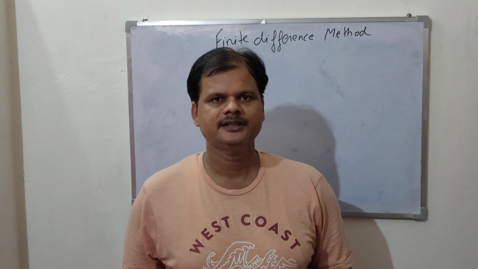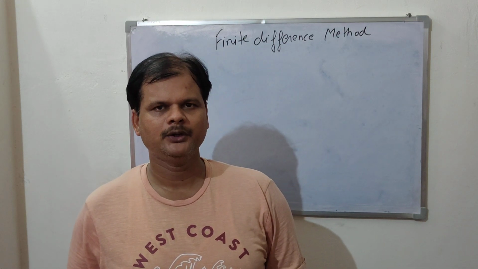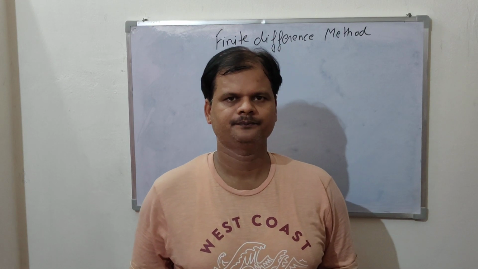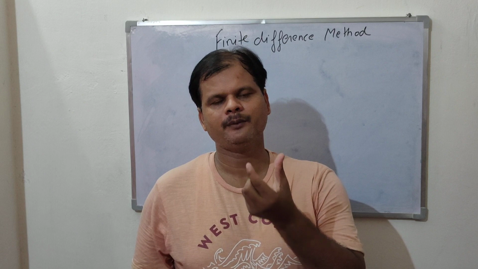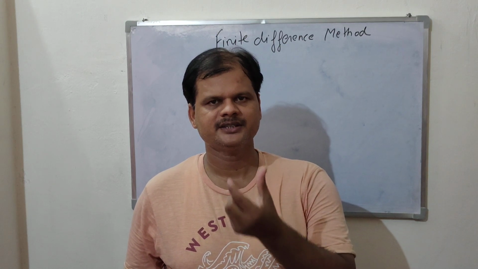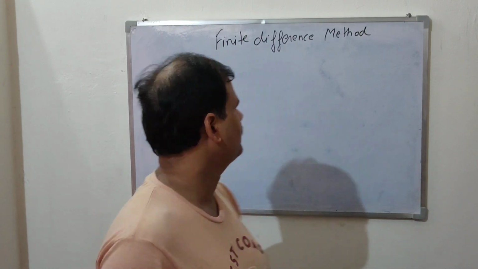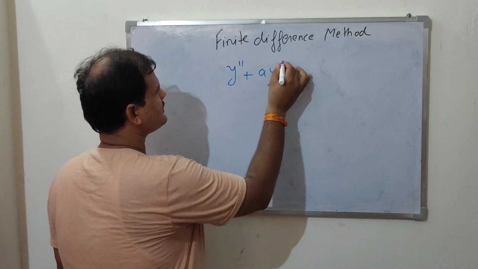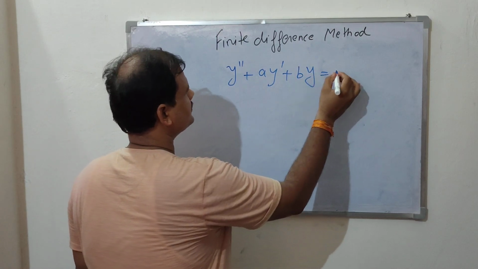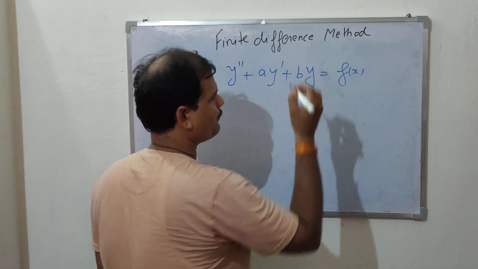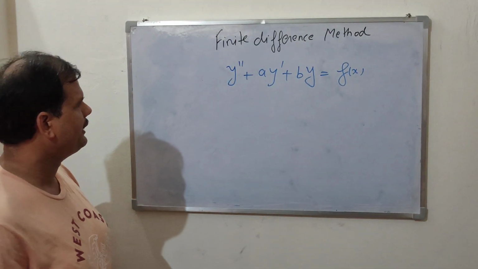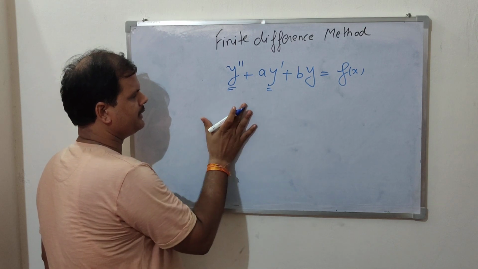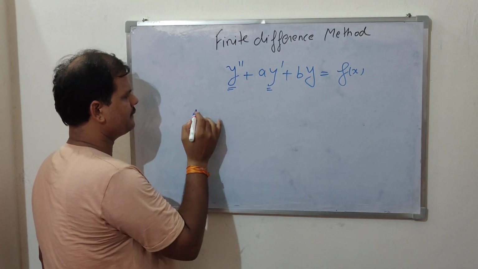Okay, so for this differential equation, we approximate the derivative terms in a difference equation. For that we have forward difference, backward difference, and central difference. Let me take one differential equation, y double dash plus a y dash plus b y equal to f of x. I will tell how to approximate the second derivative and first derivative using the central difference formula.